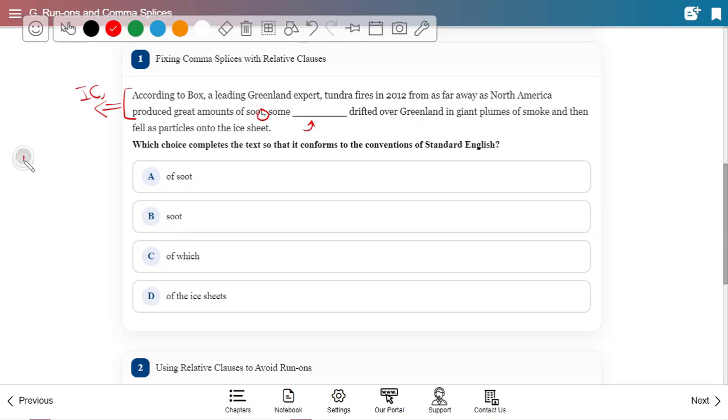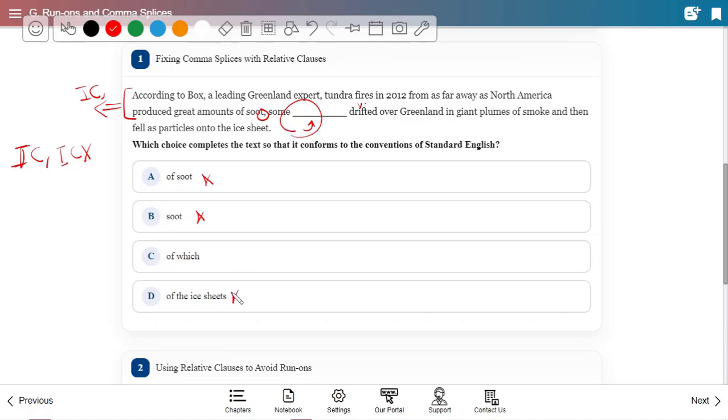Again, independent clause, comma, independent clause will create a comma splice. So this is incorrect. Especially, I have a verb here. So any choice that creates a clear subject here is a mistake. So some suit is wrong. Some of suit is wrong because all of these are creating subjects.